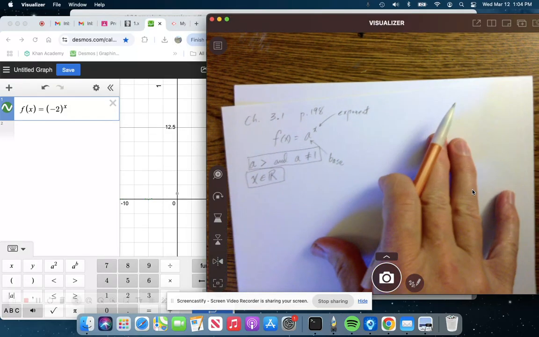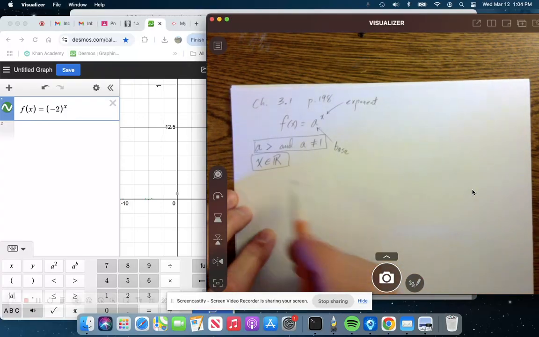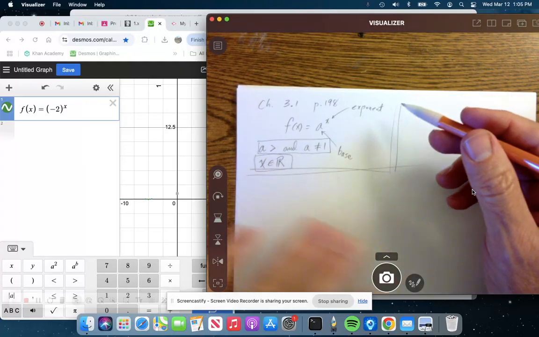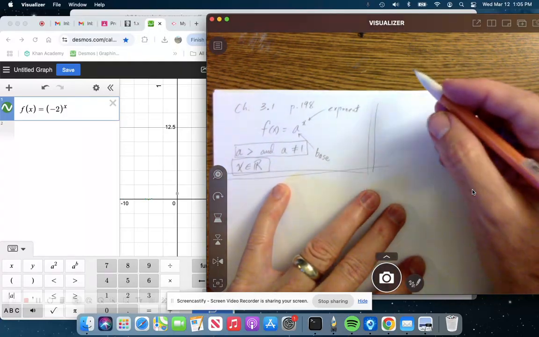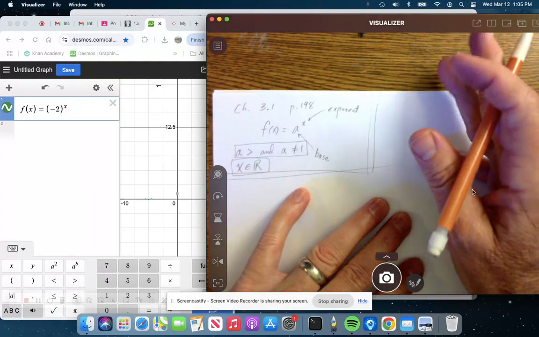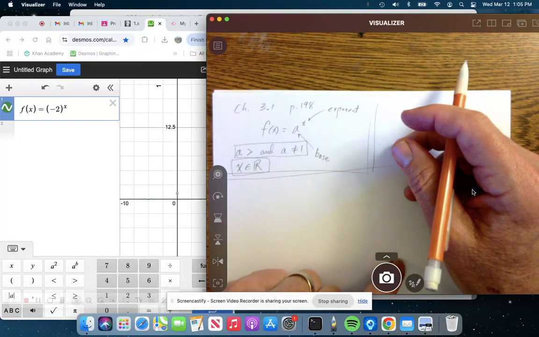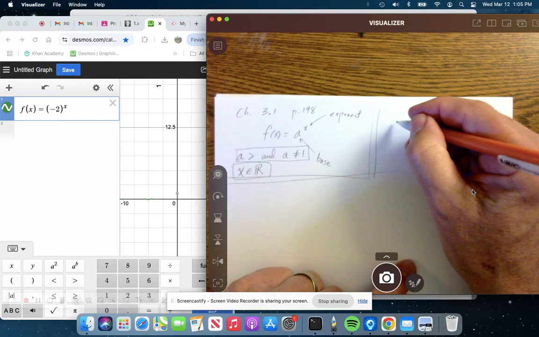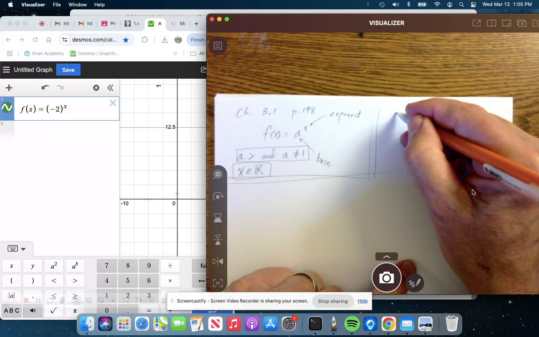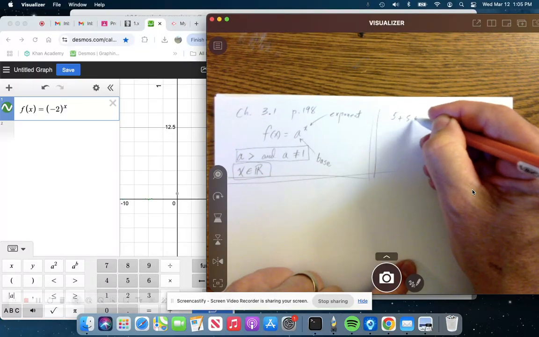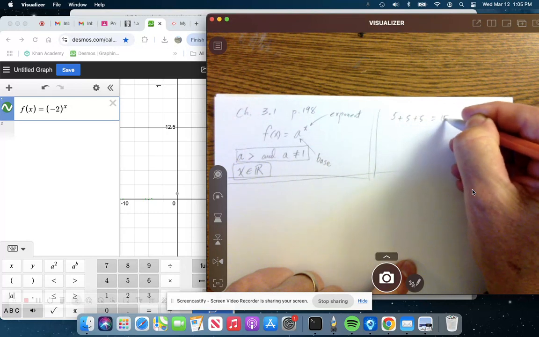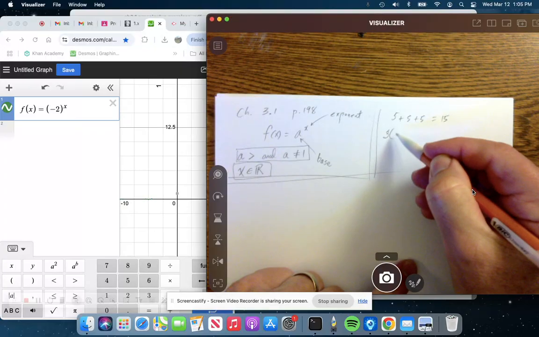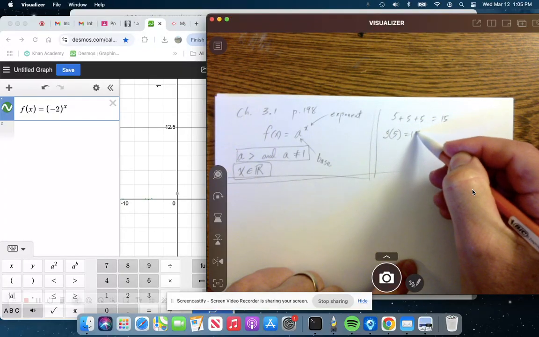So let's talk about exponentials in general. We're going to go back just real quick, just to remind you of some basics. Multiplication, back when you learned it, think of it as a shortcut for addition. So if I have 5 plus 5 plus 5, which is 15, we learned the shortcut 3 times 5, which is 15, right?